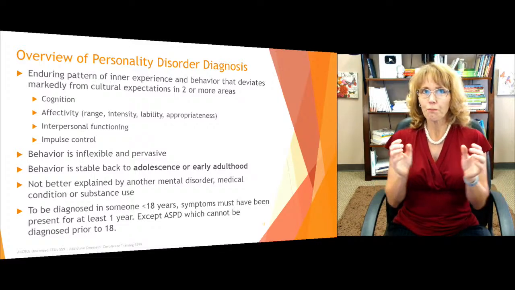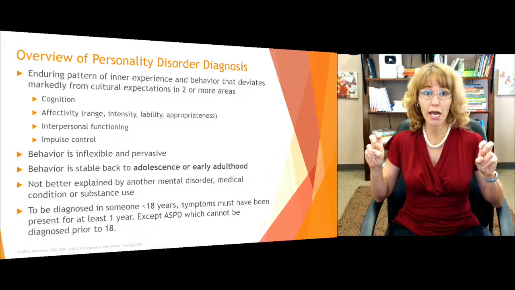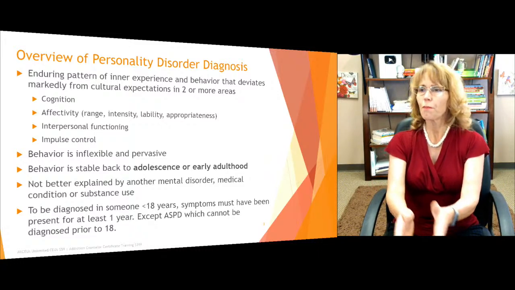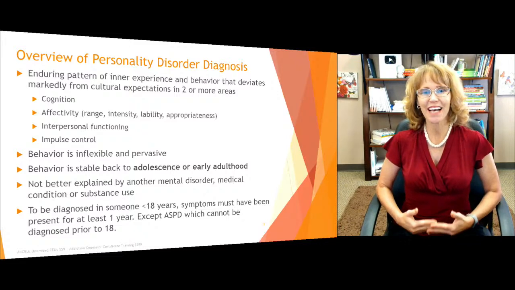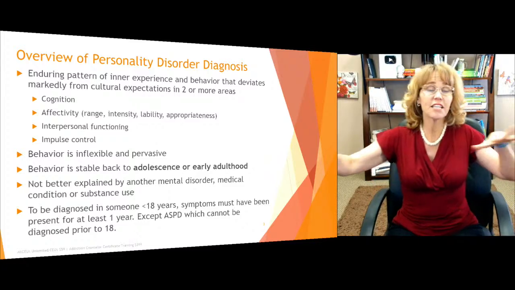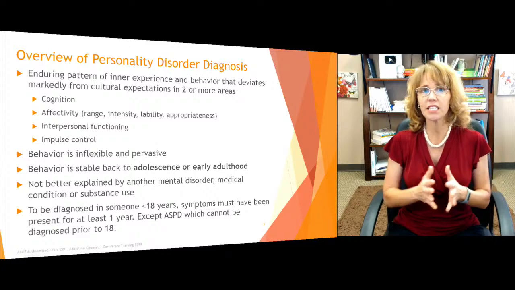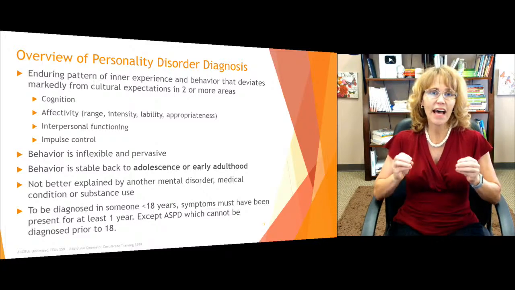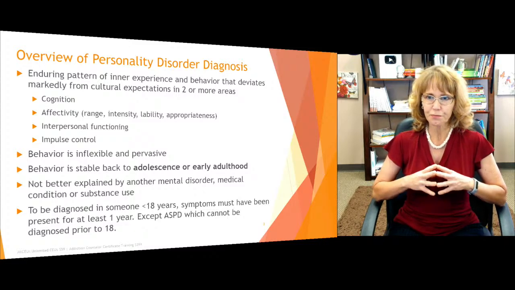And if the person displays what we will call narcissistic traits at work, but not at home, not with their friends, then they don't have narcissistic personality disorder. The behavior is inflexible and it's pervasive into most areas of their life. You're not going to see it just in one area. And that is another key feature in differentiating it.